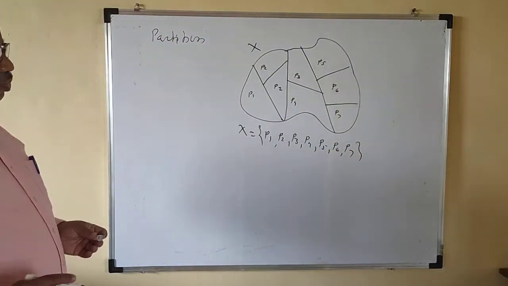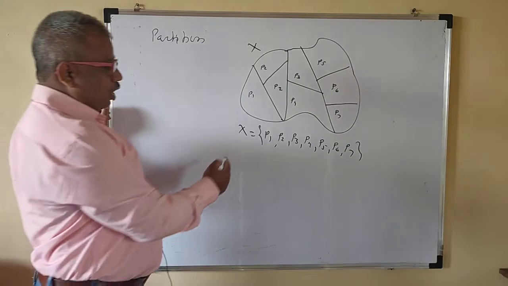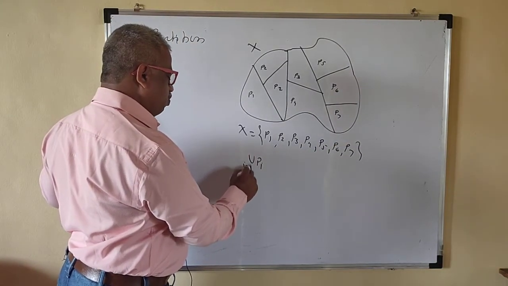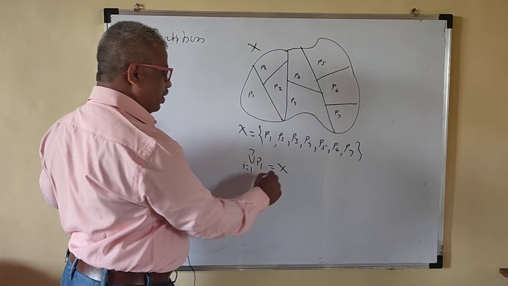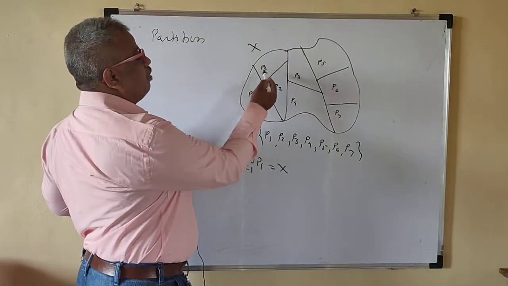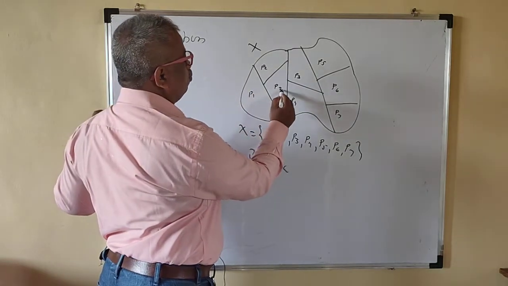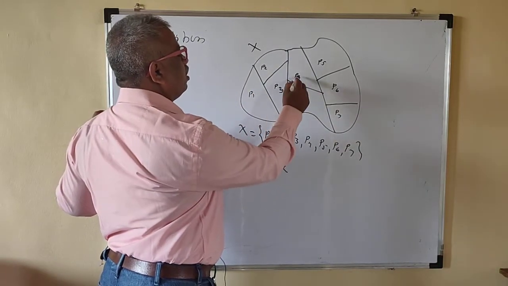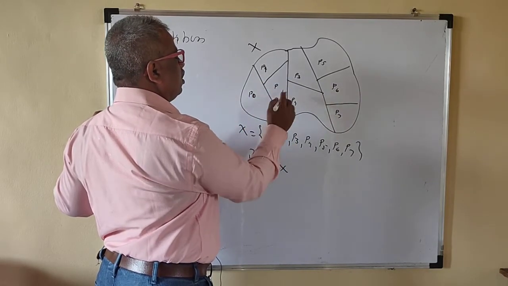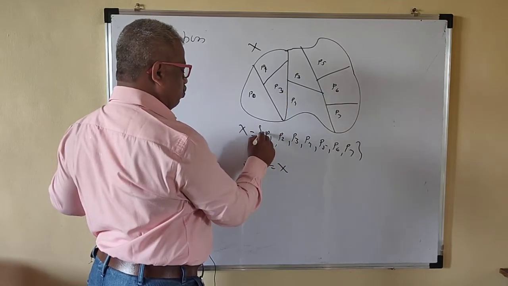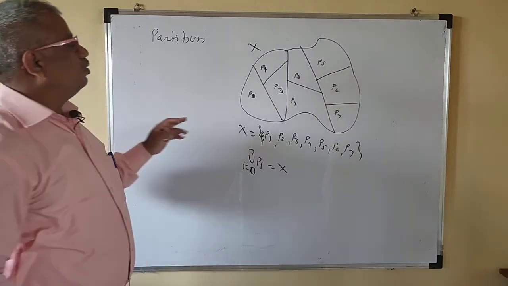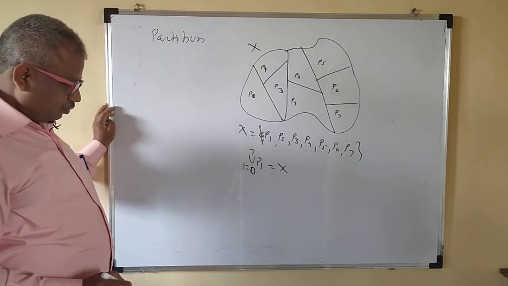The union of all Pi, where i runs from 1 to 7, is your capital X. Oh, this should be P3. I will write one more set here, Pi, so i from 0 to 7 suppose.